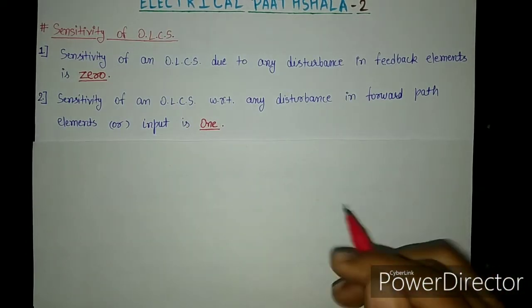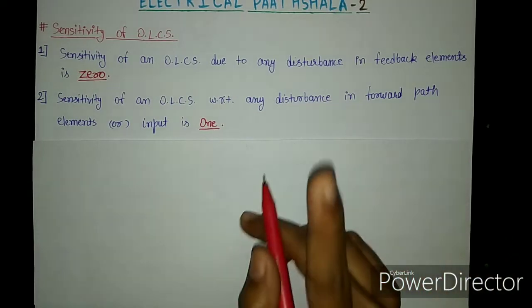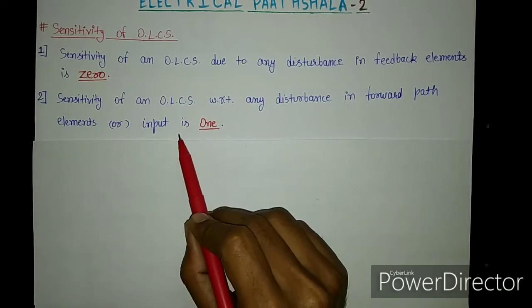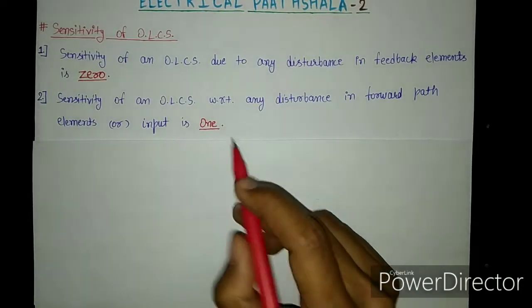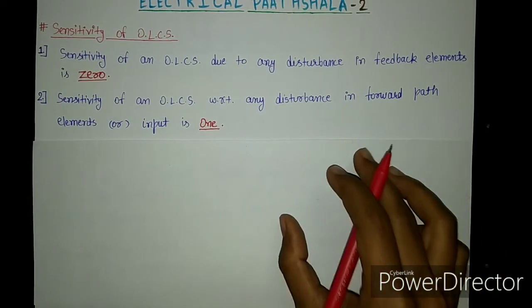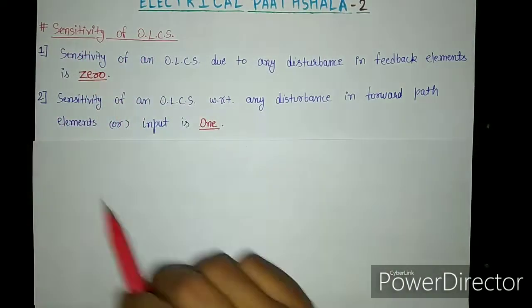So in this way, we can say that in an open loop control system, the output will follow the input only if there is no disturbance in the forward path and the input of the system. So this is a condition. Therefore, open loop control systems are also called conditional control systems. So these are the 2 points related to the sensitivity of open loop control systems.